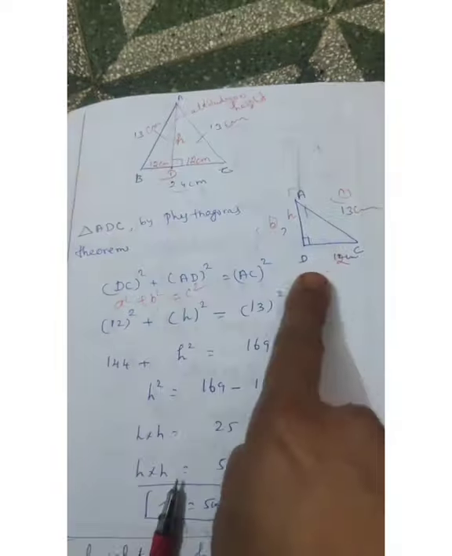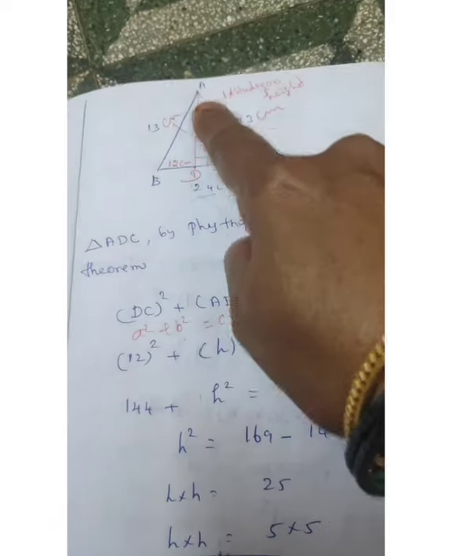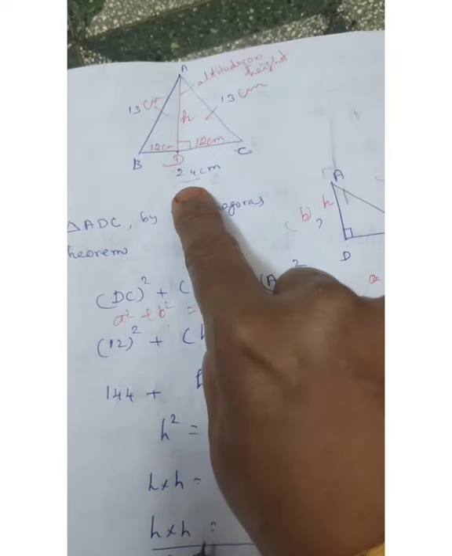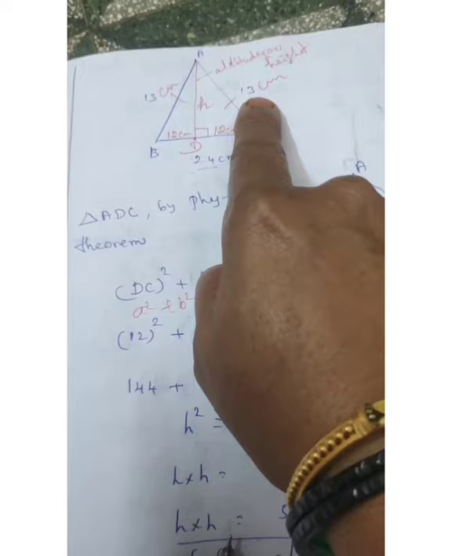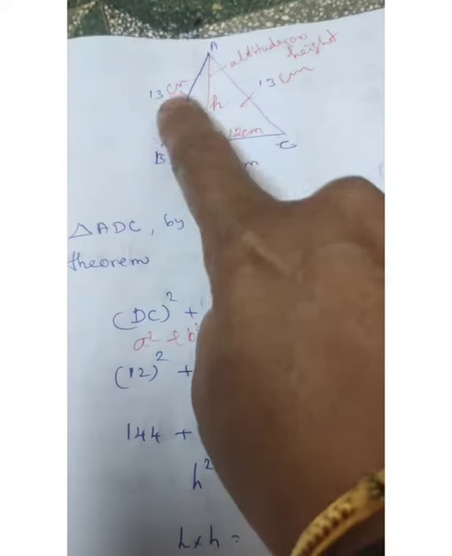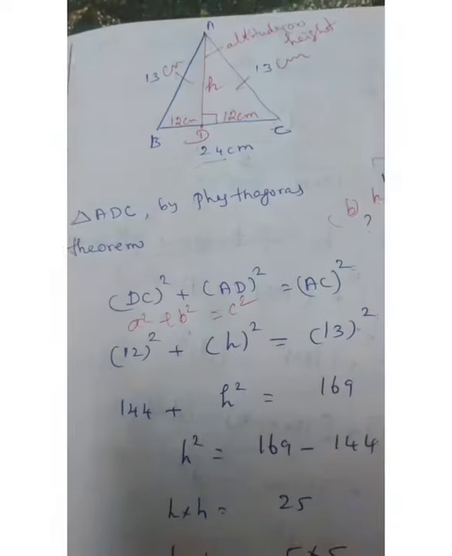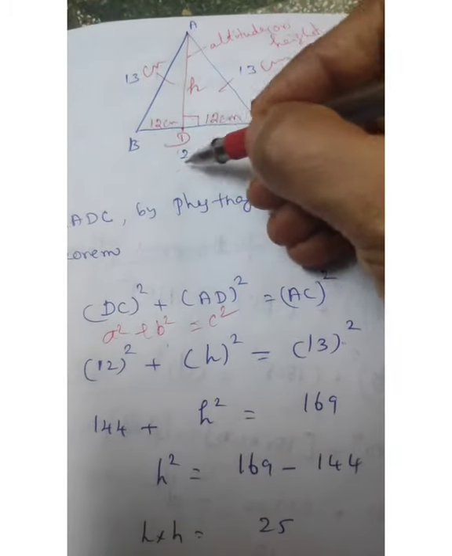Now, is that clear? Given triangle ABC, base BC equals 24, and the two sides of the isosceles triangle are 13 and 13. I draw one median perpendicular.